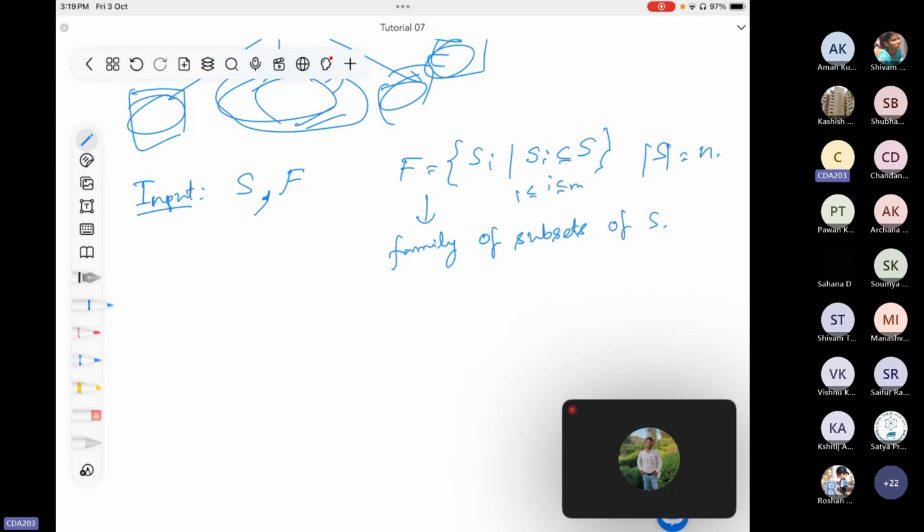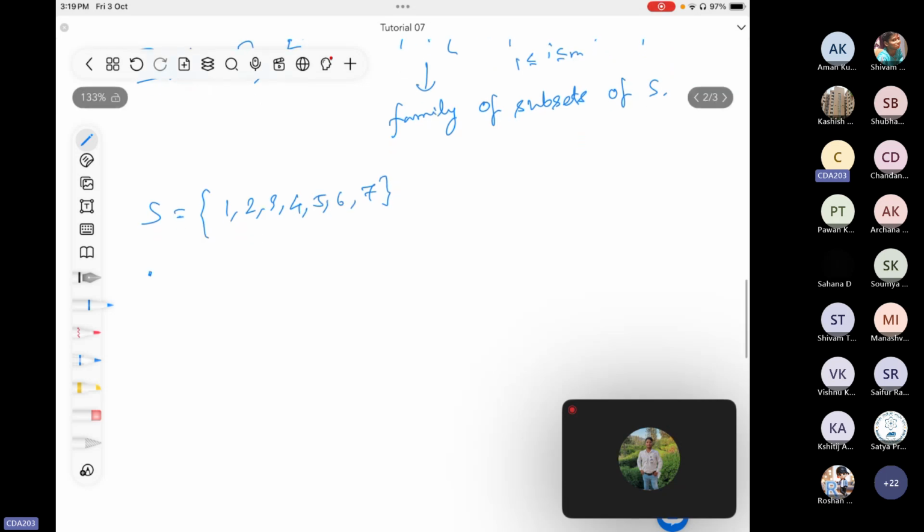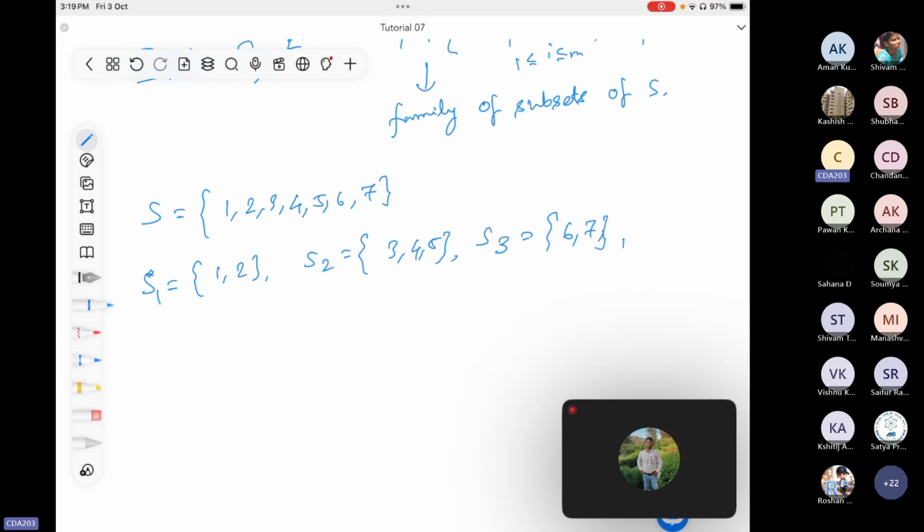So, for example, you can consider this set, and think about these subsets.